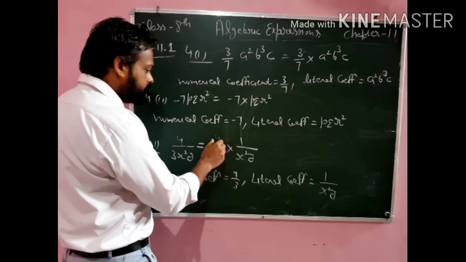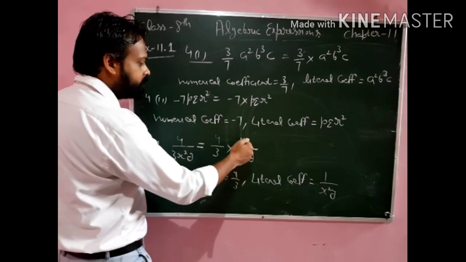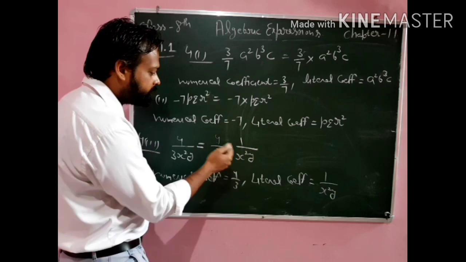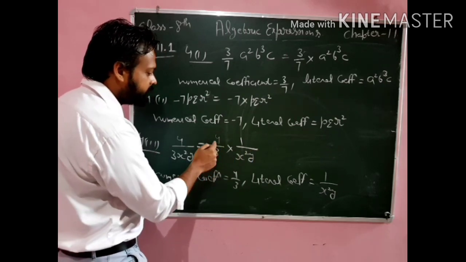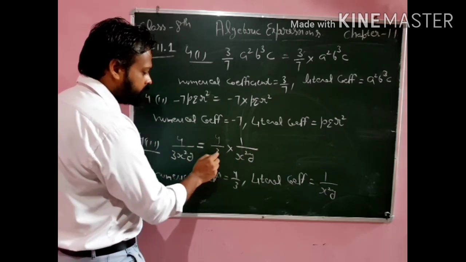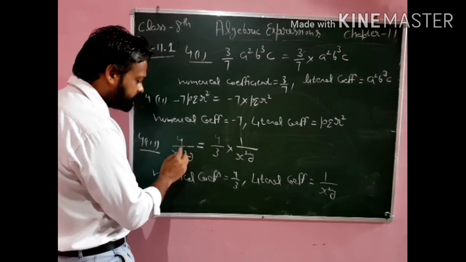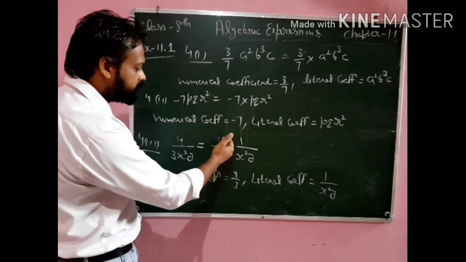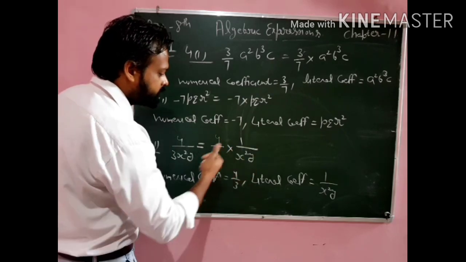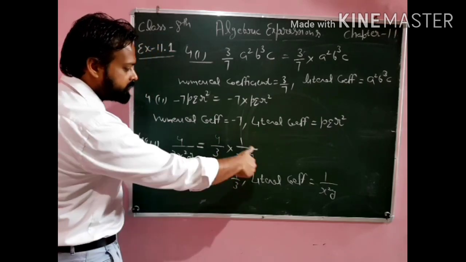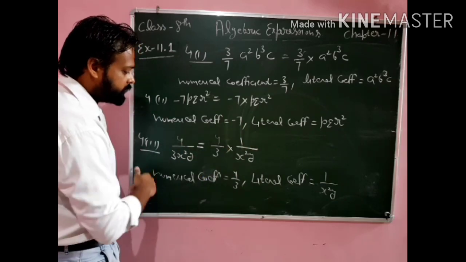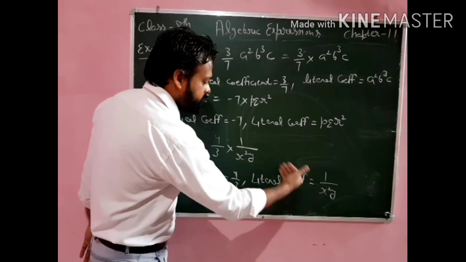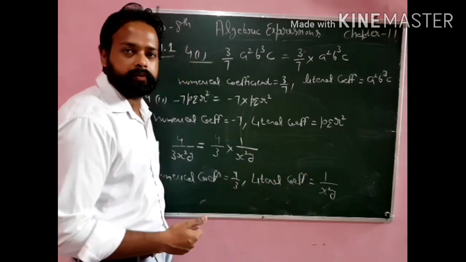Then 4 we are taking with 3, and only a 1 is left, because multiplying 4 with 1 leaves 4. Over 3 we had already taken, and we have to separate this x square y. So this becomes 4 by 3 into 1 over x square y. This is the numerical value and this is the variable value. So the numerical coefficient is 4 by 3 and the literal coefficient is 1 by x square y.